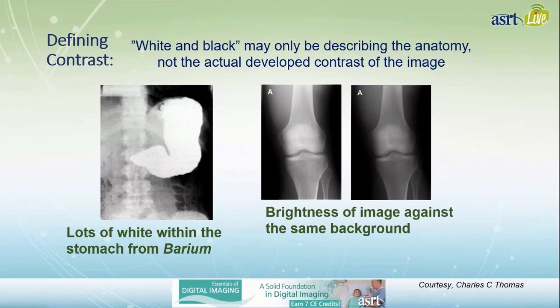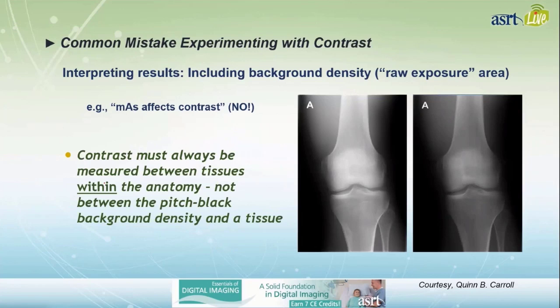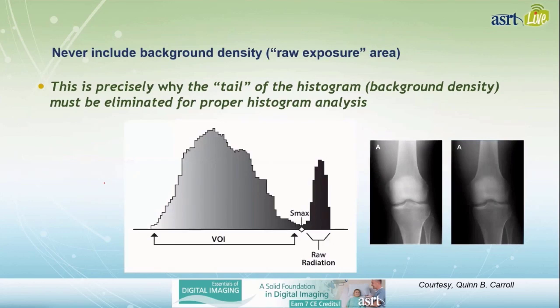So when you set up an experiment on image contrast, you need to be sure to measure the contrast between two tissue areas within the anatomy. Can't overstress that. When you use the background density for one of your measurements, you're really only measuring how bright or dark some part of the image is against a pitch black background that never changes with your technique, and so it is a false indication of contrast.